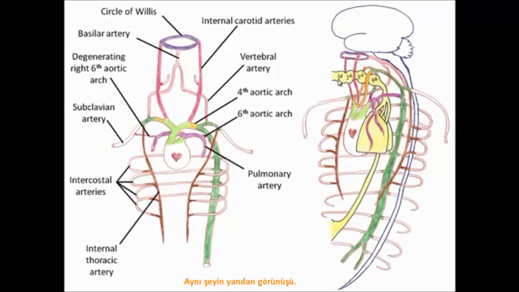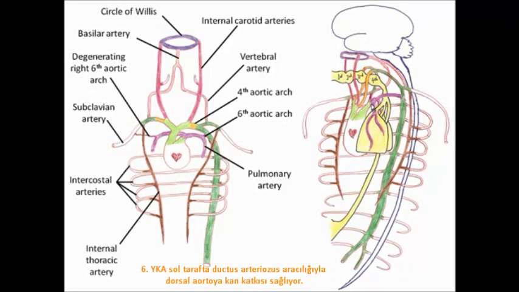Here's a little bit more of an oblique view of the same thing going on right here. Third meets the circle of Willis as the internal carotid artery. The vertebrals fuse to make the basilar, also forming and contributing to the circle of Willis. Fourth arch on the right, right here, feeds blood to the right subclavian artery. On the left to the dorsal aorta, then to the left subclavian artery, and the left internal thoracic, and the rest of the dorsal and descending aorta.